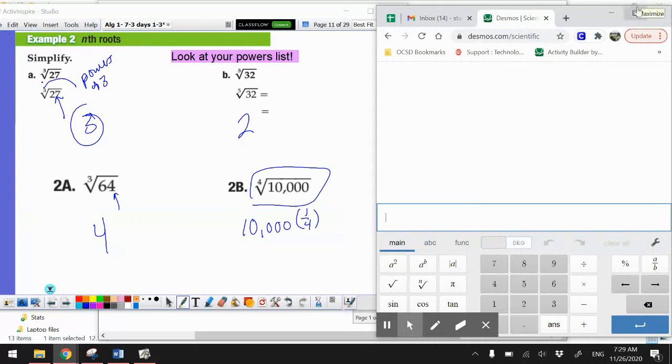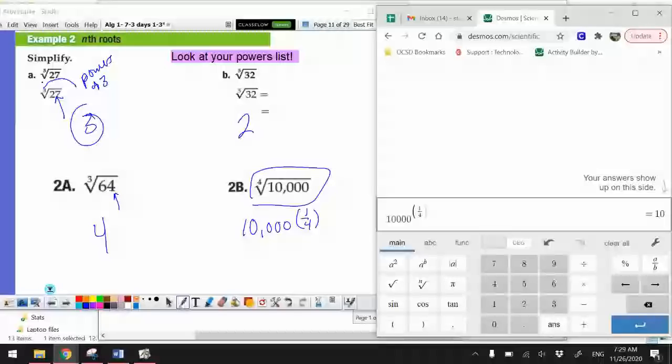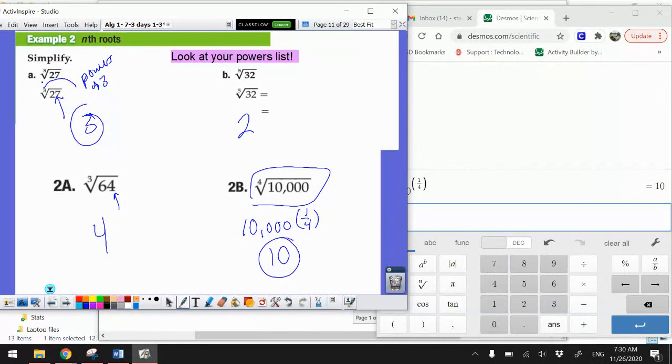And I'm going to put that in. So 10,000, and I'm going to use my a to the b. And I'm going to use parentheses here because since I'm doing a fraction, I really need to isolate all that inside that parenthesis. And if I hit enter, I see the answer is 10. So the base number of that problem is 10.